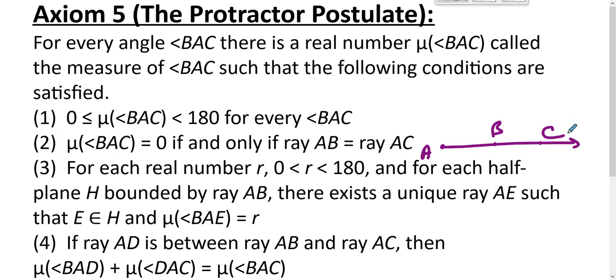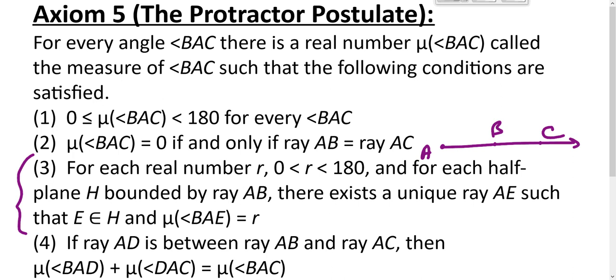Third, for each real number R between 0 and 180, and for each half plane bounded by ray AB, there exists a unique ray AE, such that E is in that half plane and the angle measure is R. So this is really the protractor part. This says you give me your favorite number between 0 and 180. Go ahead, give it. 68.